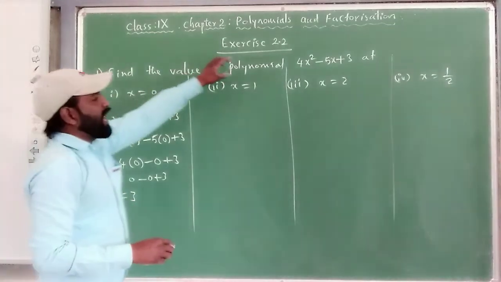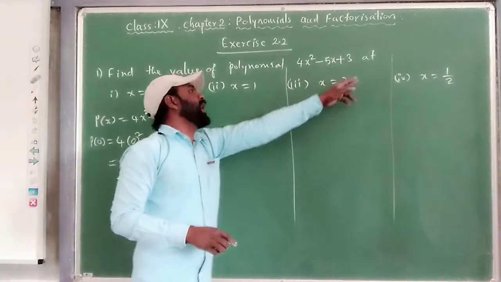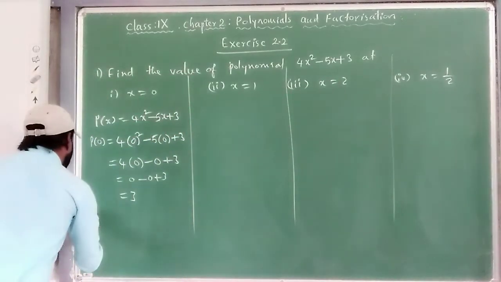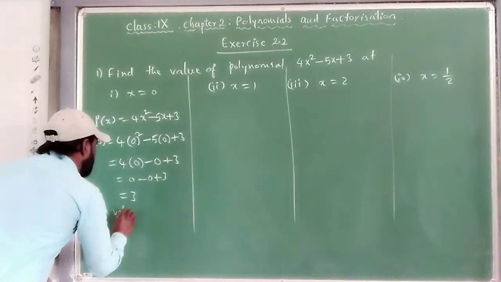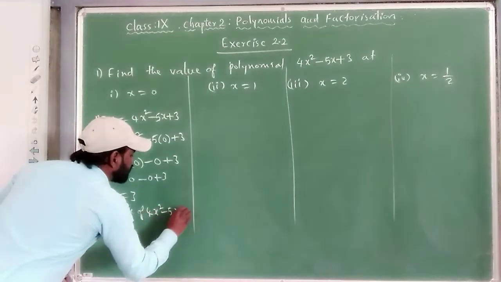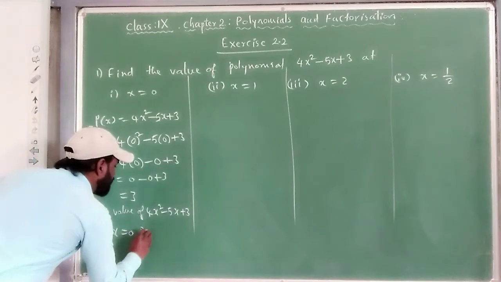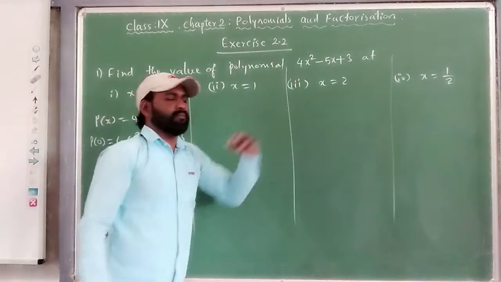That means the value of the polynomial 4x square minus 5x plus 3 at x is equal to 0 is 3. That's all.